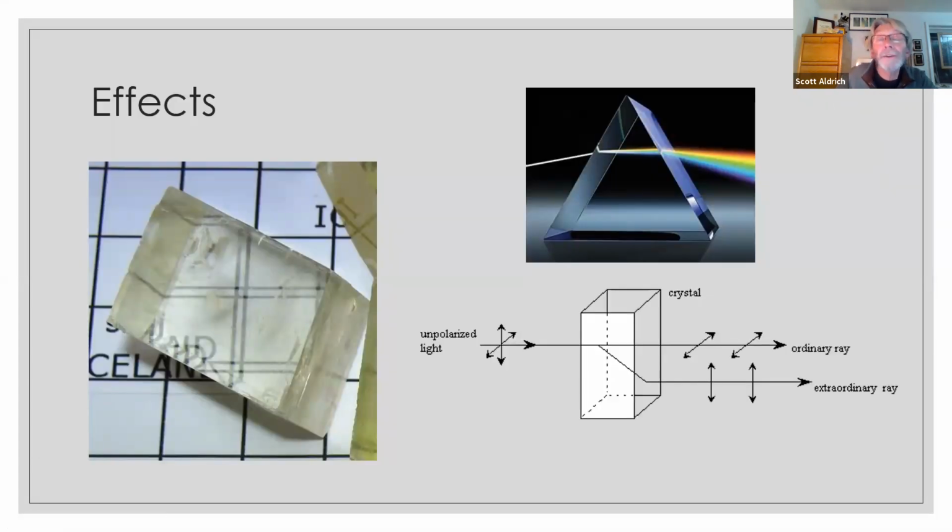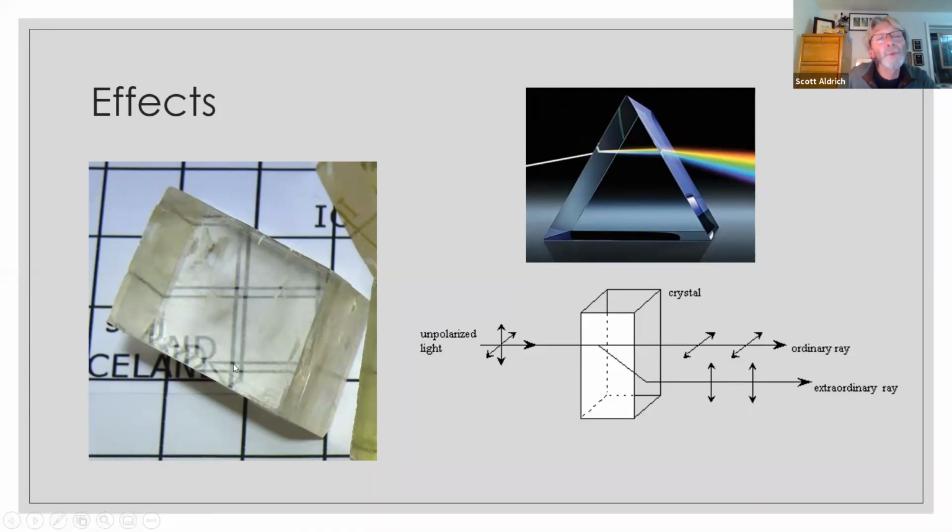So the effect here is the archetypical white beam through the prism, breaking it up into component wavelengths. Icelandic spar or calcite is a very famous and historically relevant crystalline material, very common. And I do believe the Vikings used this to navigate across the ocean.